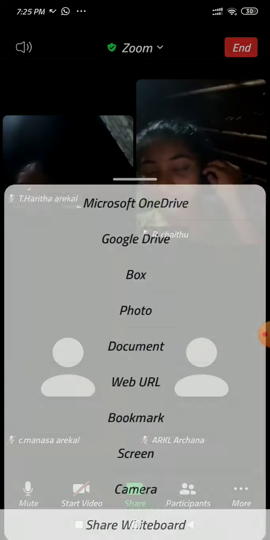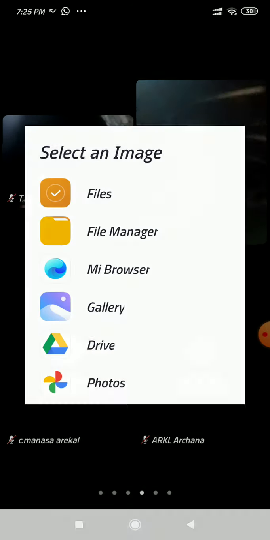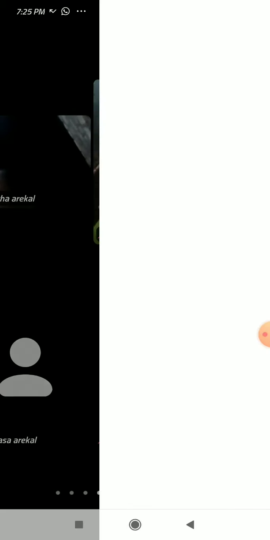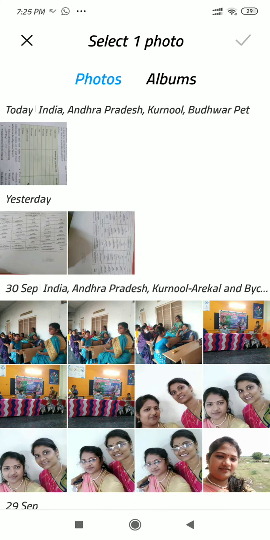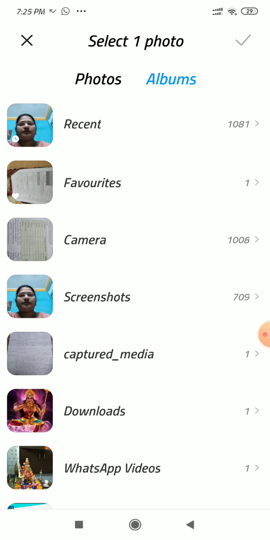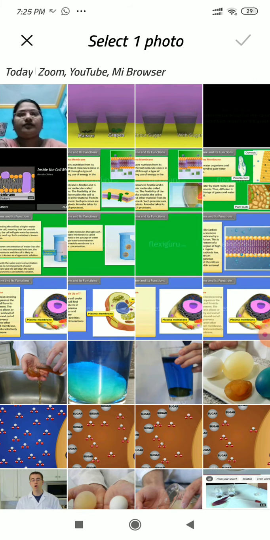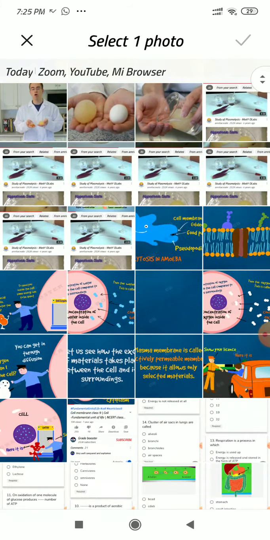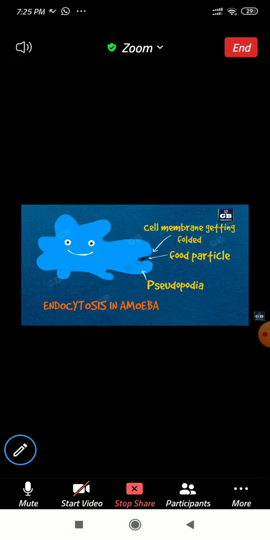Okay, let me show how the amoeba engulfs. So like that, the plasma membrane engulfs the substances. See here, endocytosis in amoeba.